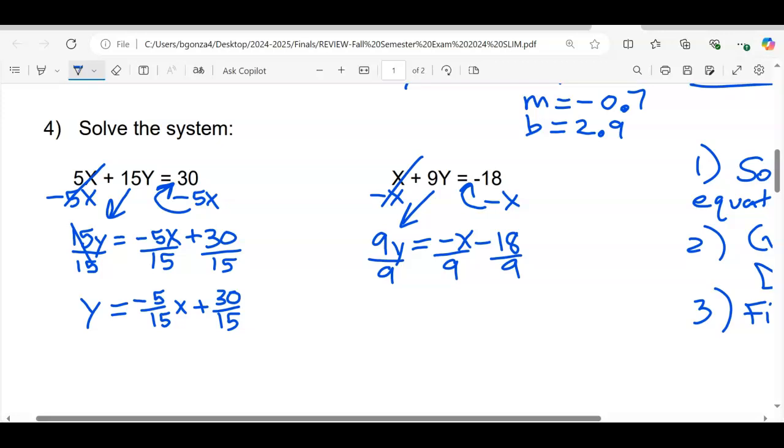Everything gets divided by 9. Now remember, negative x means negative 1x, right? So negative 1 over 9 x minus 18 over 9.